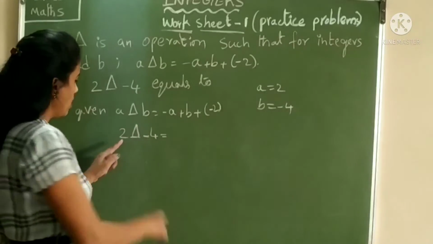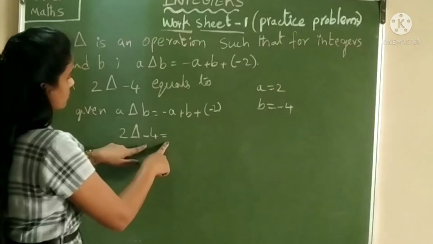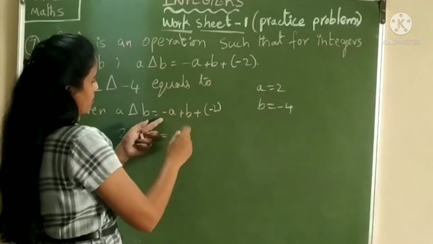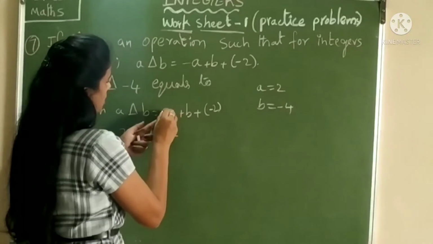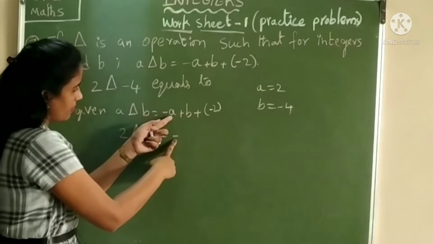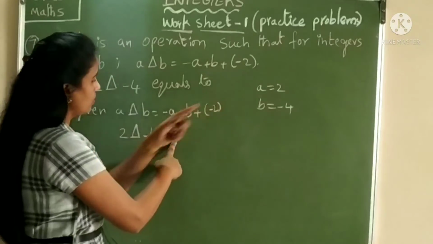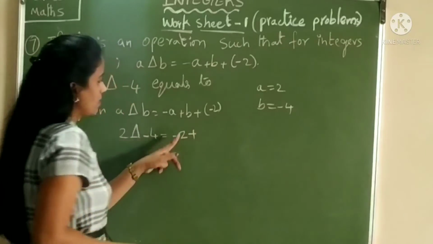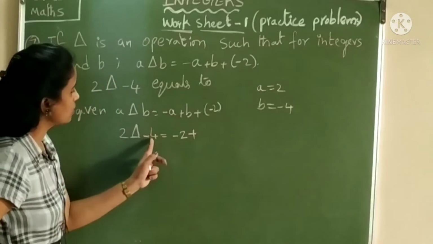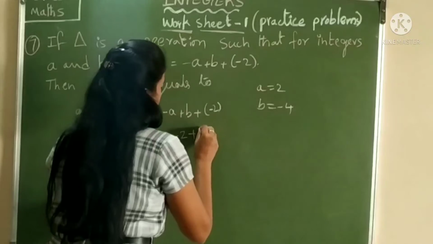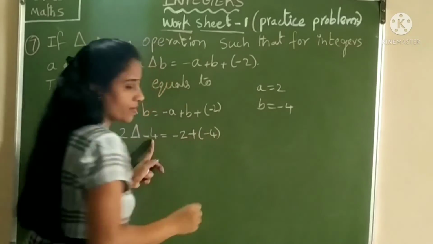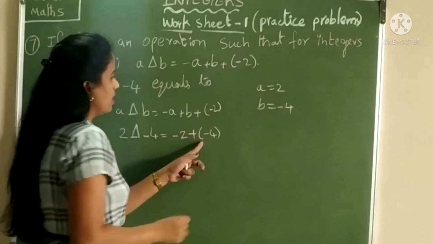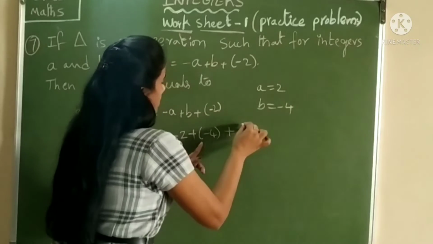So 2 delta minus 4 is equal to, according to the equation, write minus, the value of a, 2, plus b, the value of b, minus 4, and plus minus 2.